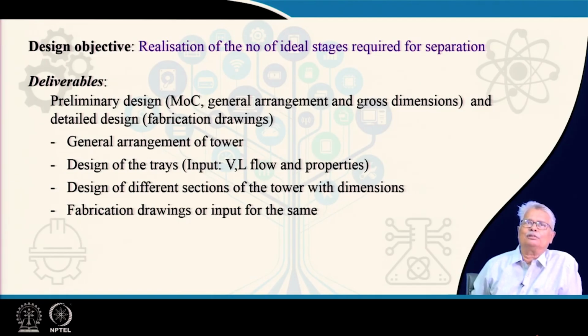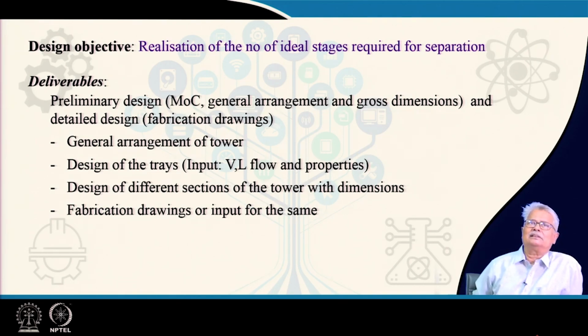We have to go for the design of the individual trays. All the trays will possibly not have the identical layout or identical design, and for design of any tray, the inputs are going to be the vapor and the liquid traffic approaching the tray and the flow and the properties.